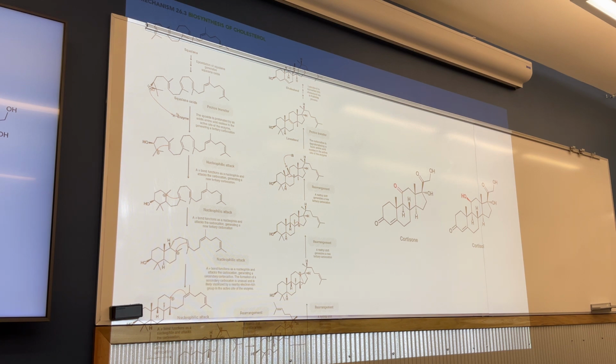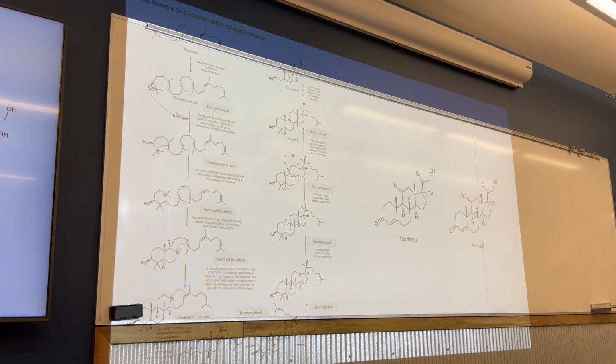But it's kind of set up structurally to have these proton transfers forming an epoxide here, and then we have a nucleophilic attack, and that's successive, right? Several nucleophilic attacks to eventually start closing these rings, and then we have resonance stabilization coming into play, closing another ring, and at some point we get a rearrangement.